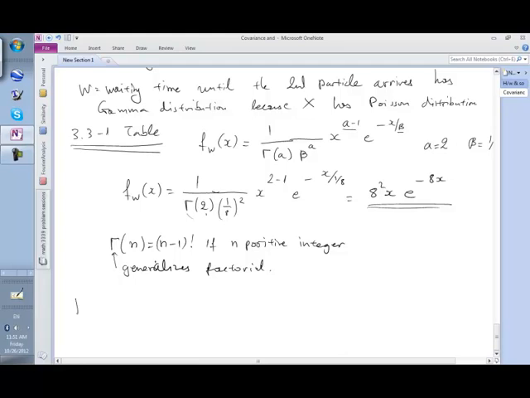So if I have to calculate the probability that W is less than or equal to 0.75, then what I need to do is integrate. Of course, x is non-negative, so I integrate from 0 to 0.75 the PDF.